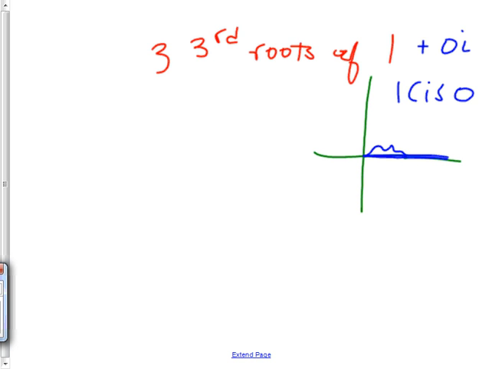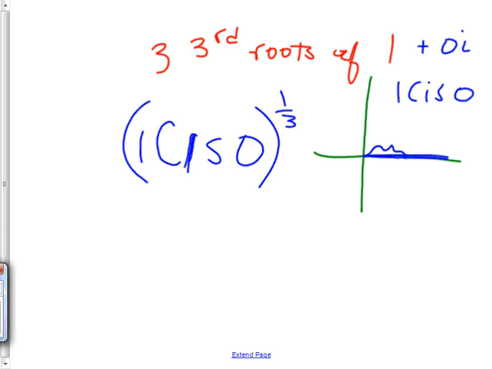If I want the third root, what power should I put this to? Not to the power of 3. We want to find the third root. Power of 1/3. Good. And then we talked about this, that the move is about the move of the exponent. So you're going to drop this down here and drop this down there. So what do you get?